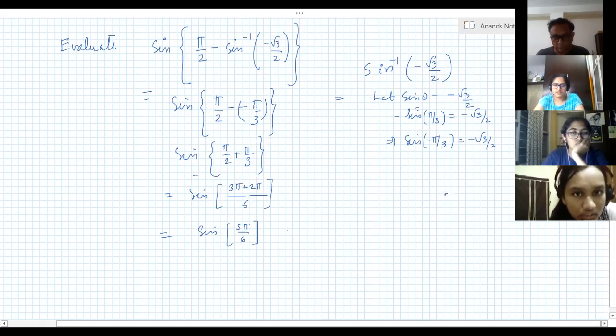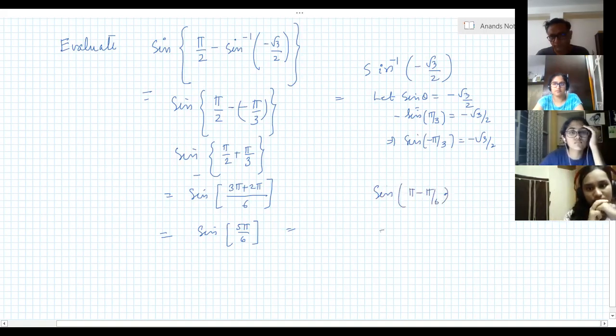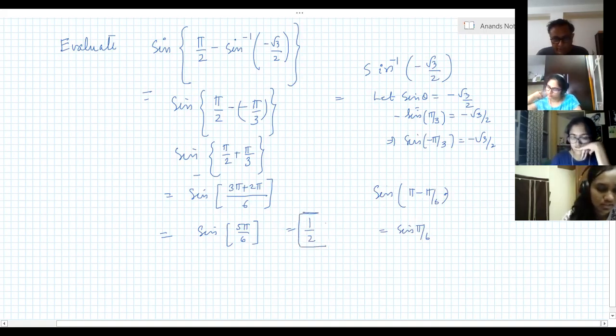So we can write it as sine of pi minus pi by 6, and that will be sine pi by 6, and it will be half. Because you can't leave it here. Evaluate means you have to give the value.